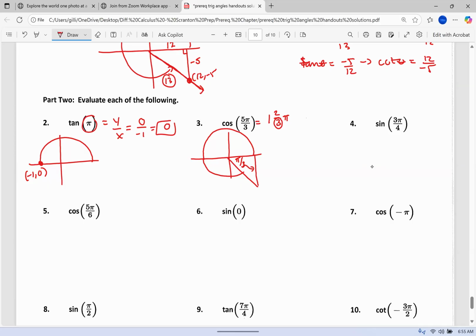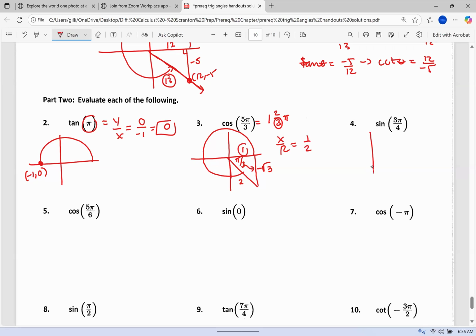The side across from pi over 3 is your root 3. And when that happens, your hypotenuse is always 2, and your remaining side is 1. This is a negative y because it's in the fourth quadrant, and y is negative. But cosine is the ratio of x to r, and x is 1, and r is 2.